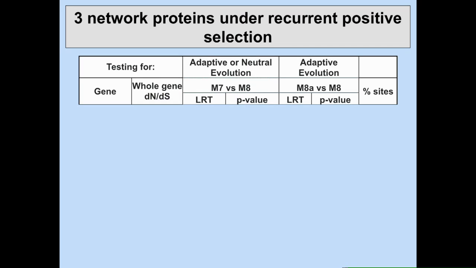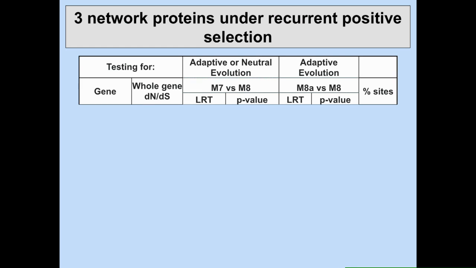Looking at the site test, there are two comparisons that we made. The first is the M7 versus M8 comparison, in which we compare a model that allows for positive selection against a model that allows for only purifying selection. Significance in this comparison indicates that the protein has a class of sites that are evolving under adaptive or neutral evolution.